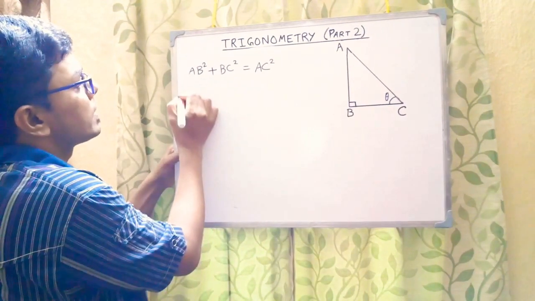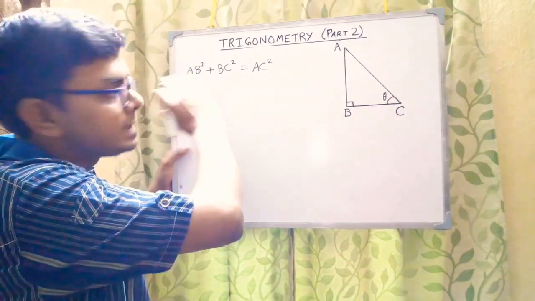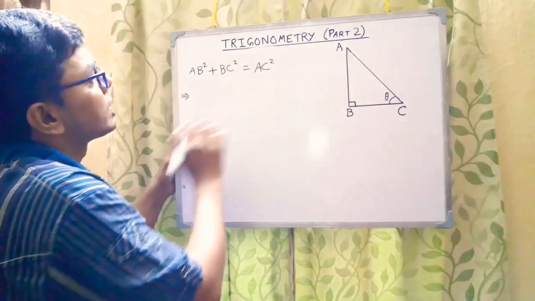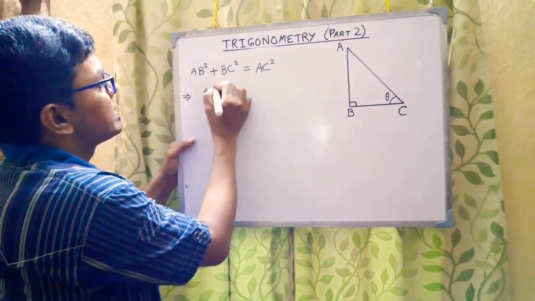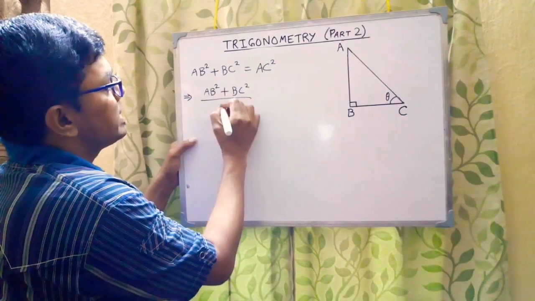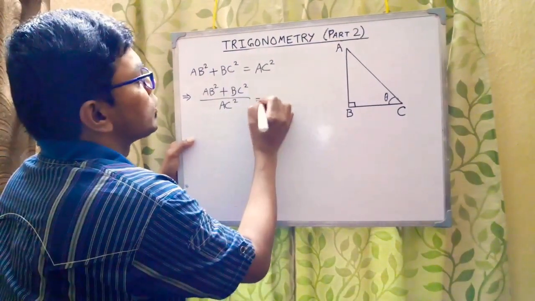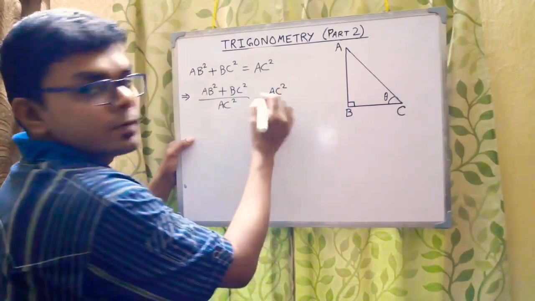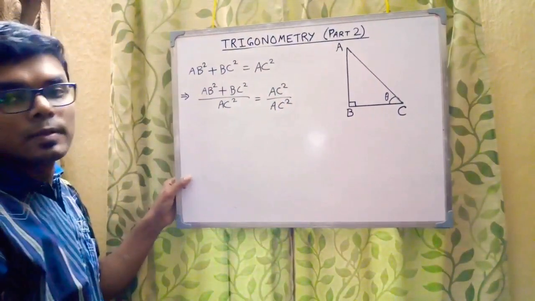Now let us divide this entire identity by AC squared, that is AB squared plus BC squared by AC squared. So we divide this part by AC squared, and naturally we also have to divide this part by AC squared, right?